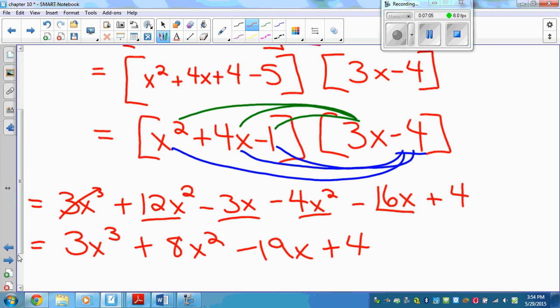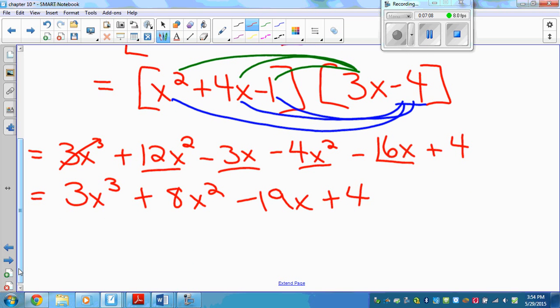Okay, so here is my product. So I guessed that it would be cubic, and it is. I had guessed that it would have a leading coefficient that is positive. So it's going to start in quadrant 3 and go all the way to quadrant 1.